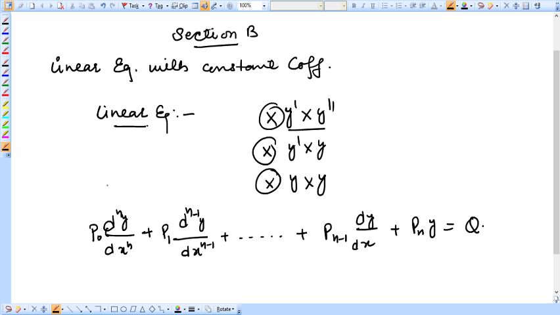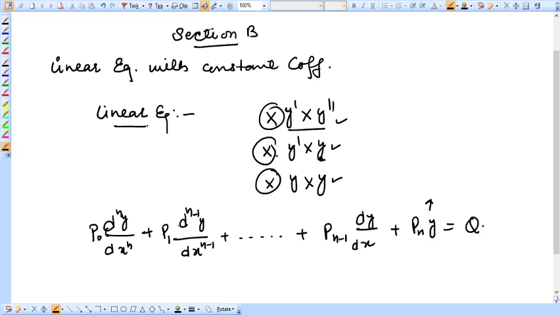So you see, no derivative is being multiplied with another derivative, and the independent variable x is not getting multiplied with itself. So this equation is linear.